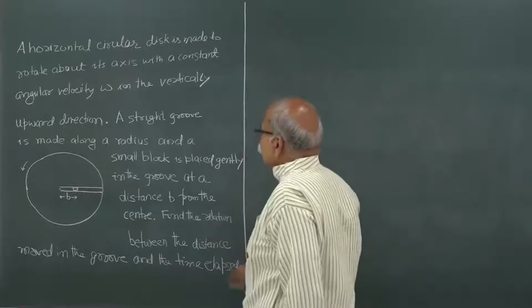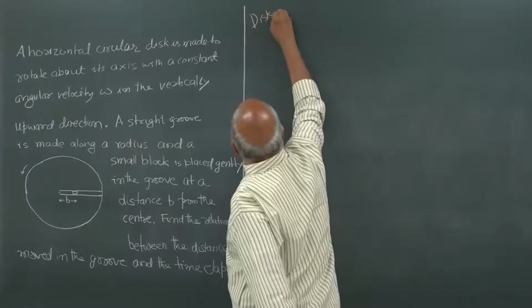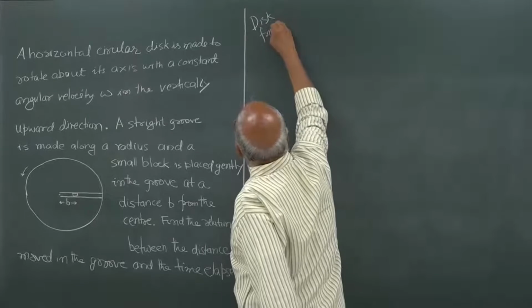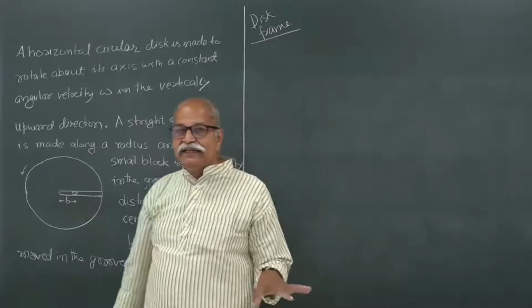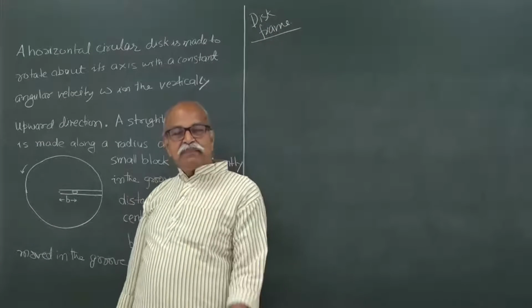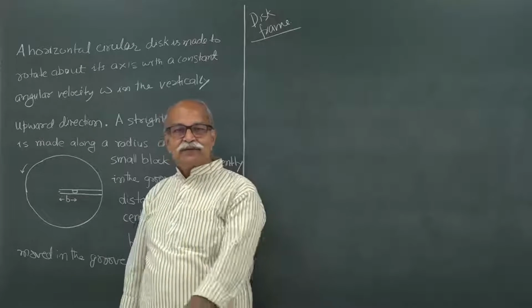So, we are using this disc frame which is rotating, and we are not given anything about friction or any other thing. Weight will be balanced by the vertical reaction force, the contact force from the disc.